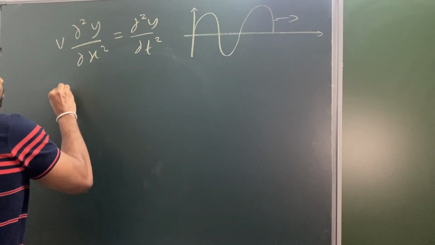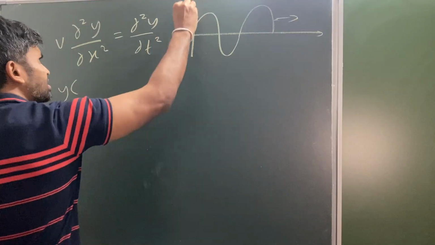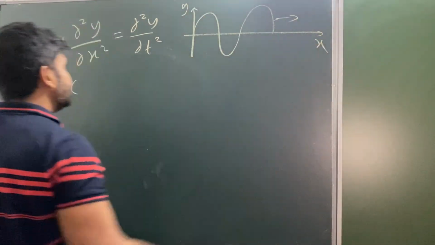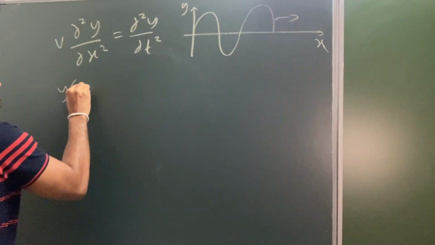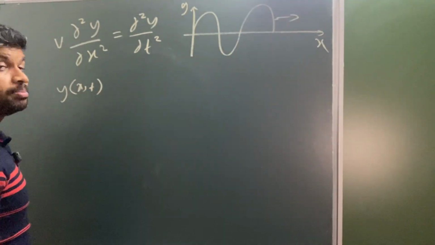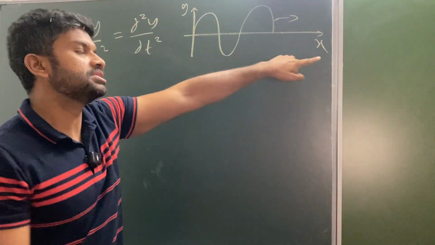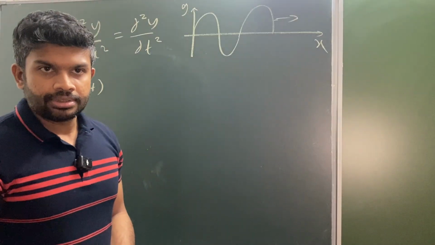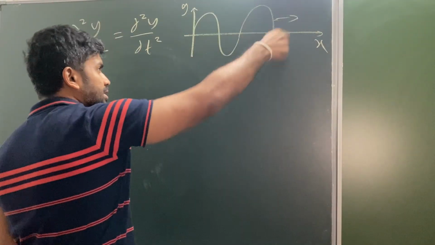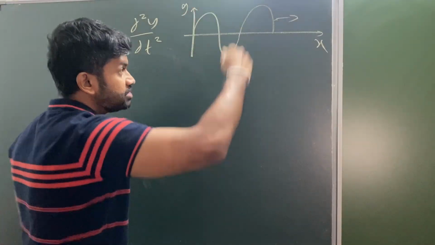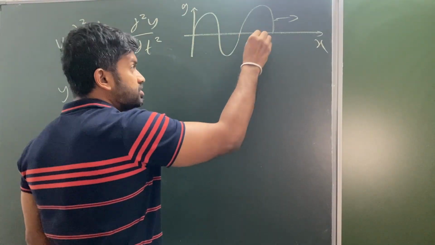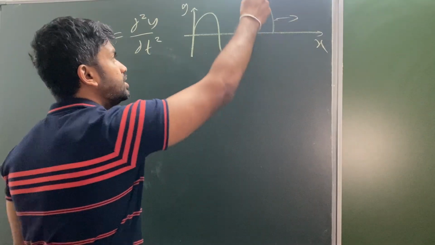Now simply, y is a variable, and this equation tells you that y is a function of the x displacement and the time. Over time, it's pretty obvious that the y displacement changes and depends on the x position as well as the time.